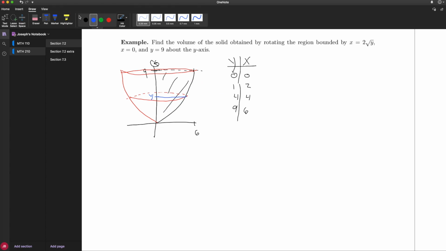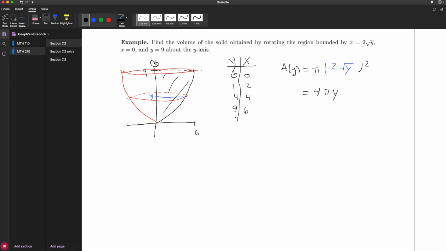So our area function, A of y, will be pi times r squared, and our radius, like I just said, is the function itself, so 2 root y. And so this simplifies to pi times 4y, which I will write as 4 pi y.